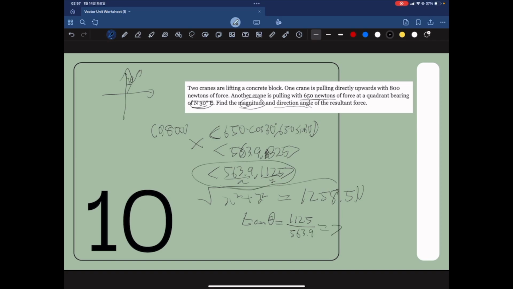This is equal to 2, approximately. So then if we do tangent inverse of 2, we get 63.43 degrees. Therefore, this is our magnitude and this is our direction angle of the resultant force, or how I explained it, the total component.